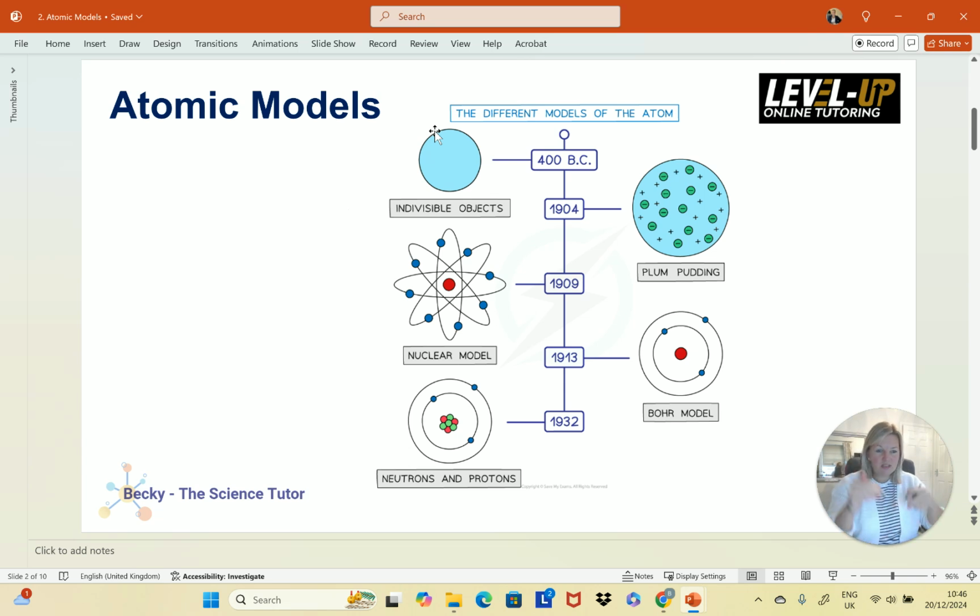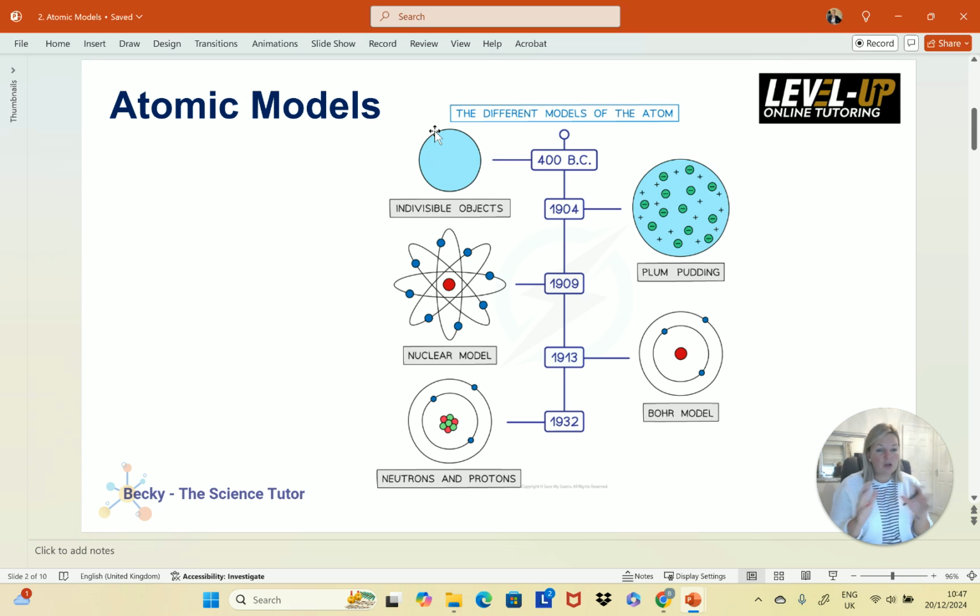So from indivisible to plum, we just need to understand why they changed that model. From plum to nuclear, that's where we need to know the experimentation behind it.